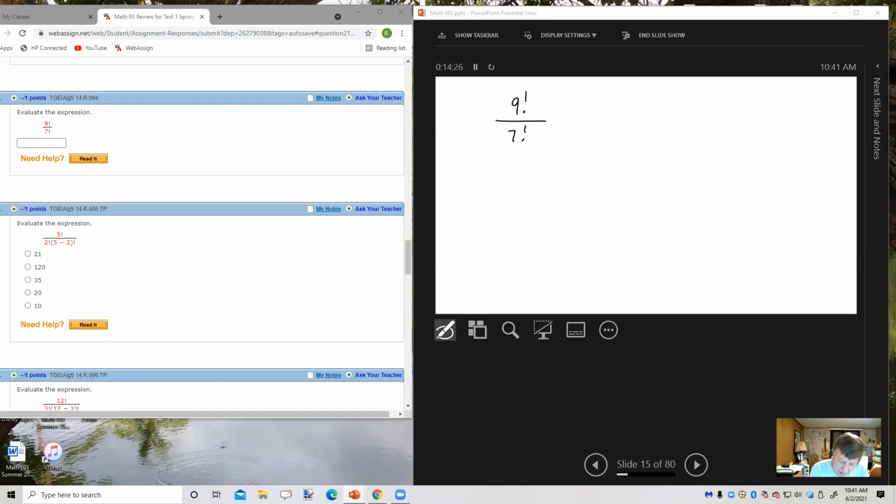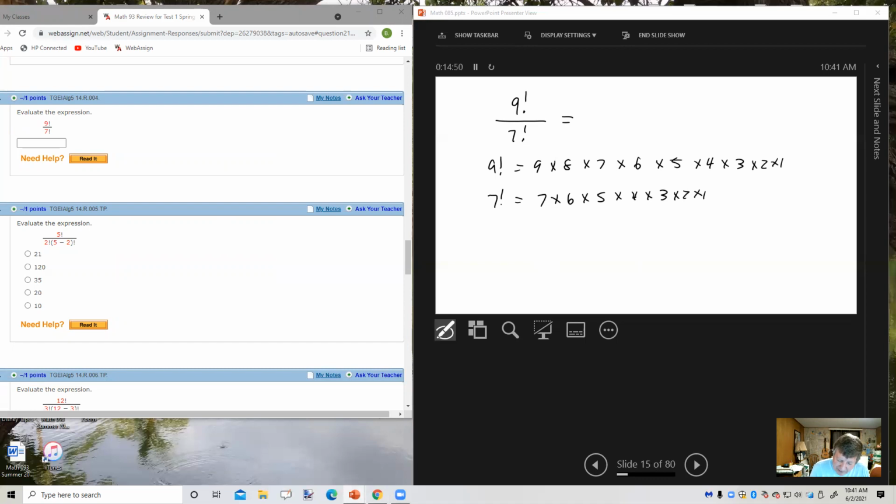Now, recall 9 factorial would be 9 times 8 times 7 times 6 times 5 times 4 times 3 times 2 times 1. 7 factorial is 7 times 6 times 5 times 4 times 3 times 2 times 1.